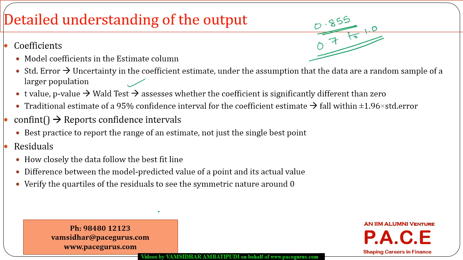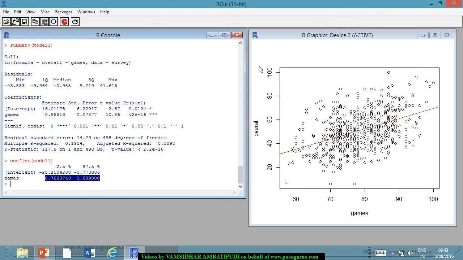The traditional estimate is whatever my coefficient is, I'll take 1.96 times the standard error on either side. Here the standard error is 0.078, so these are computed as 0.85 plus 1.96 times the standard error, which gives me 1.00.